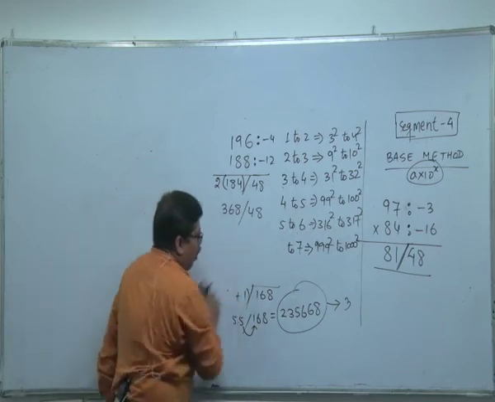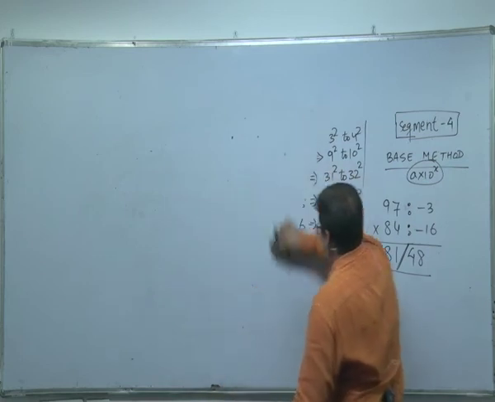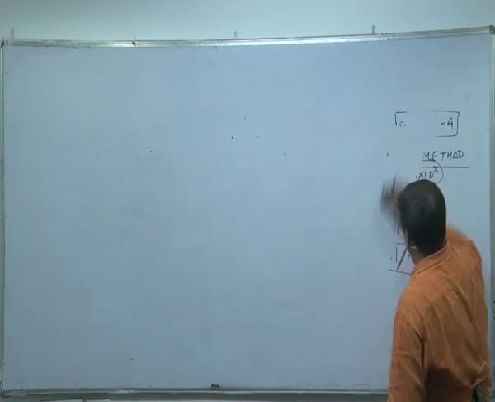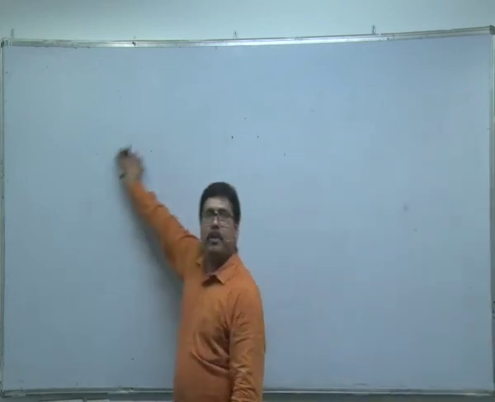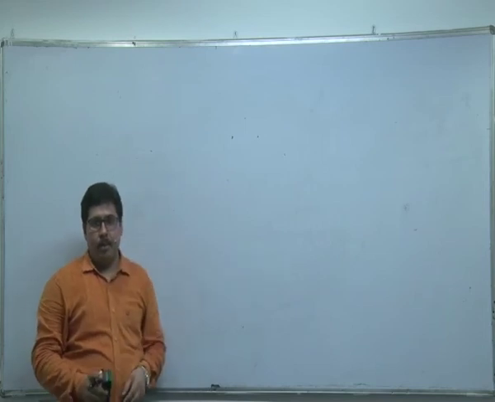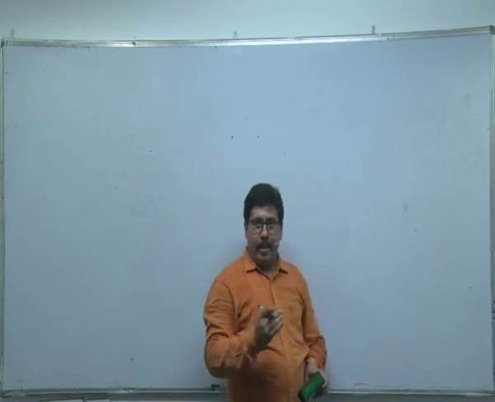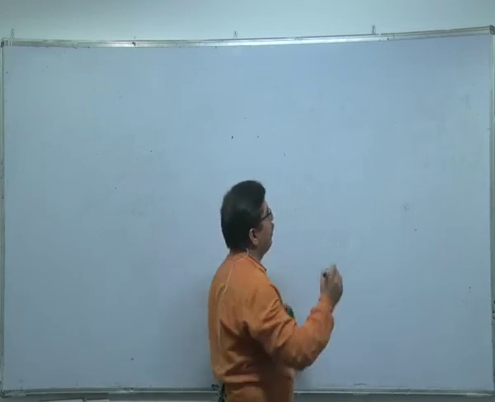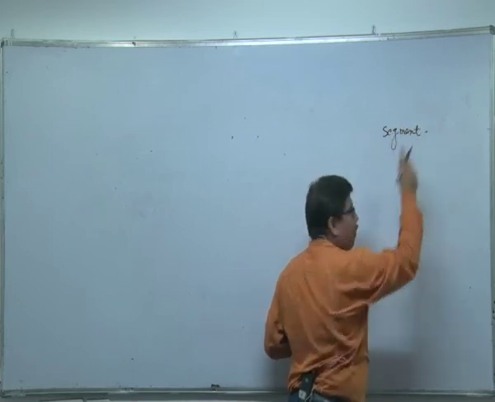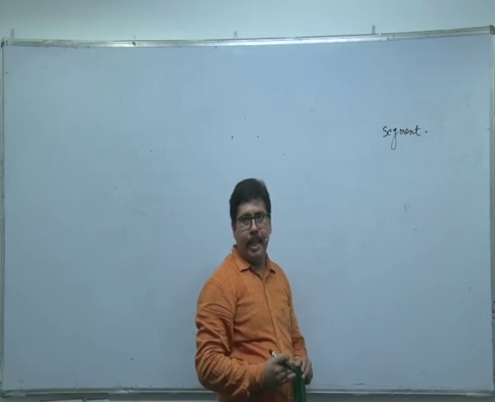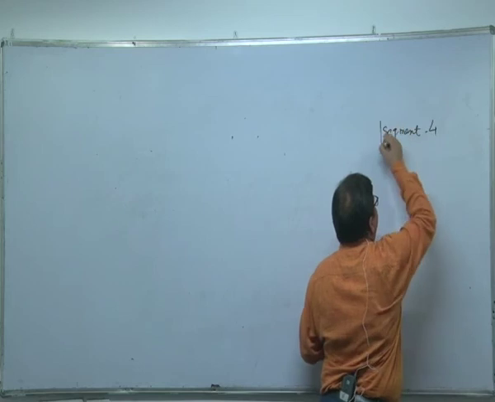So, squaring of the number. I'm going to start with some very basic and interesting facts, so far as the squaring of the number is concerned. This is segment number 4.